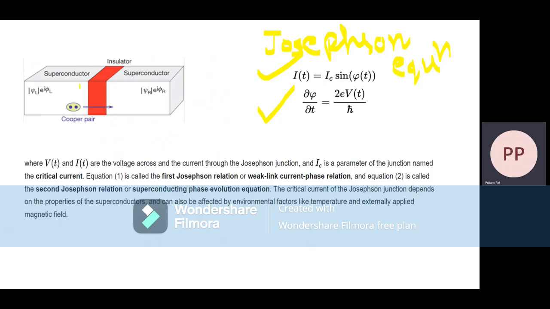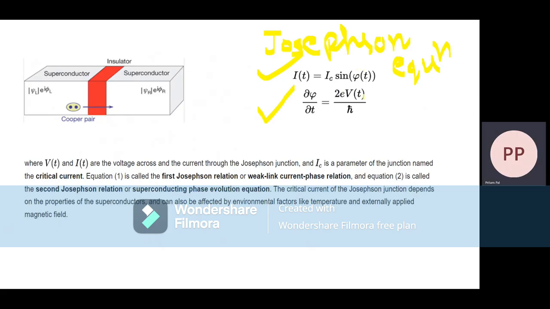That is why the phase difference is important for the Cooper pairs to tunnel. So this I equals Ic sin phi(t) oscillates sinusoidally, and it can be a function of time.